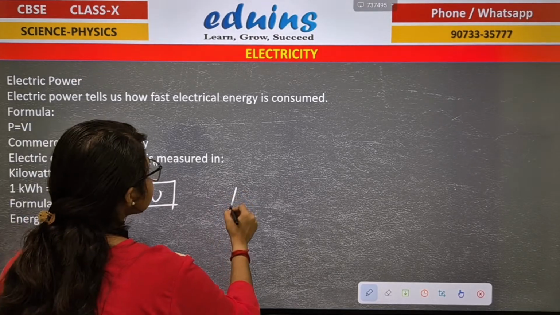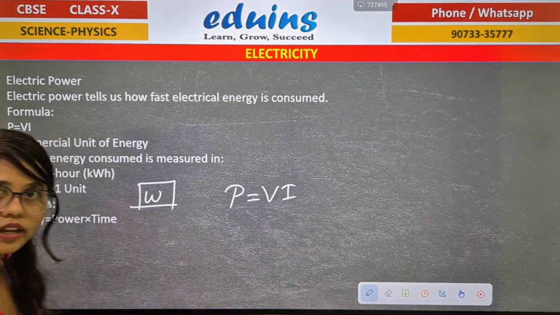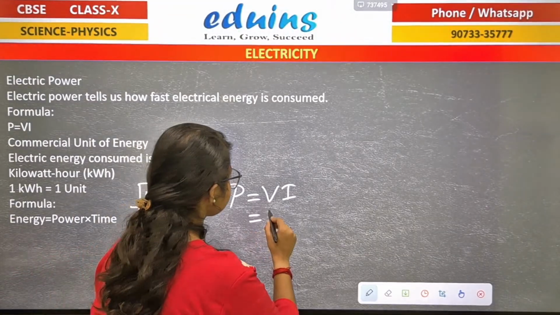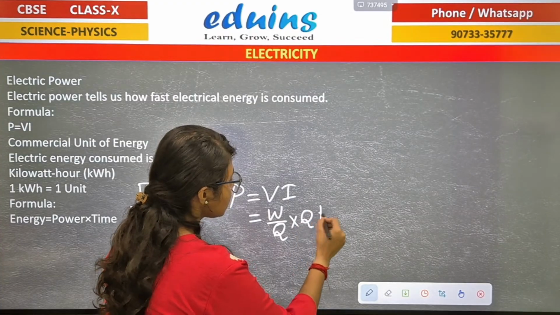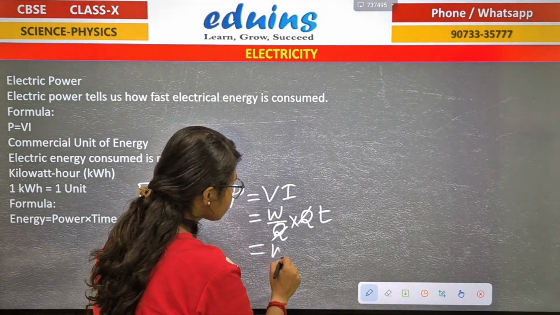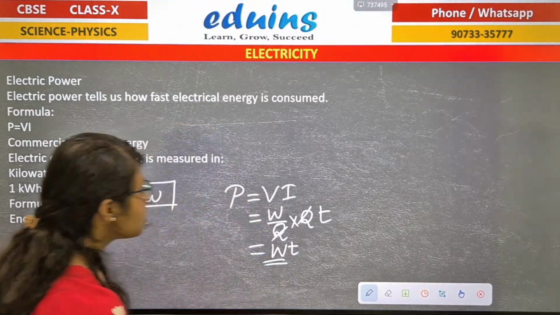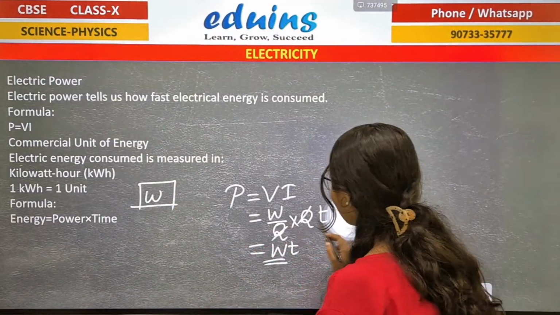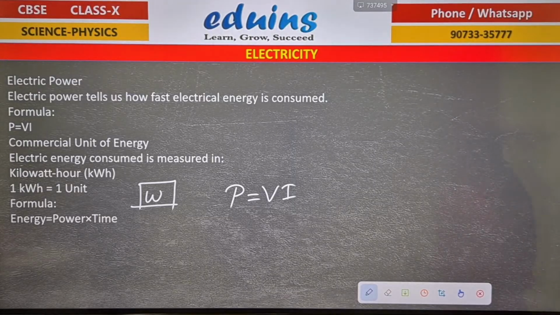So the electric power P is equal to VI. V means W by Q and I is Q by T, so power is work done divided by time. From here we can write P is equal to VI. This is the electric power.